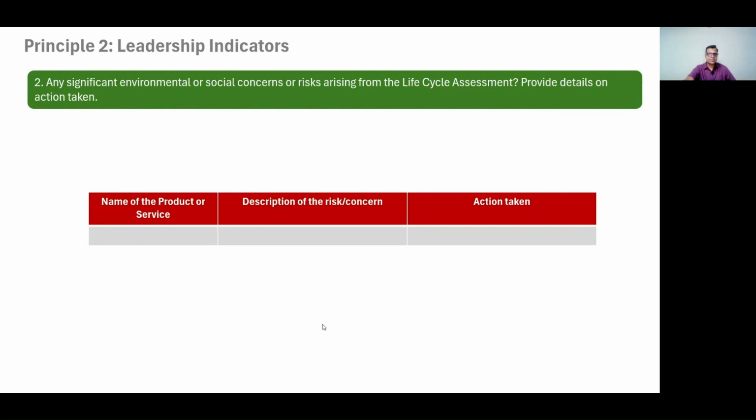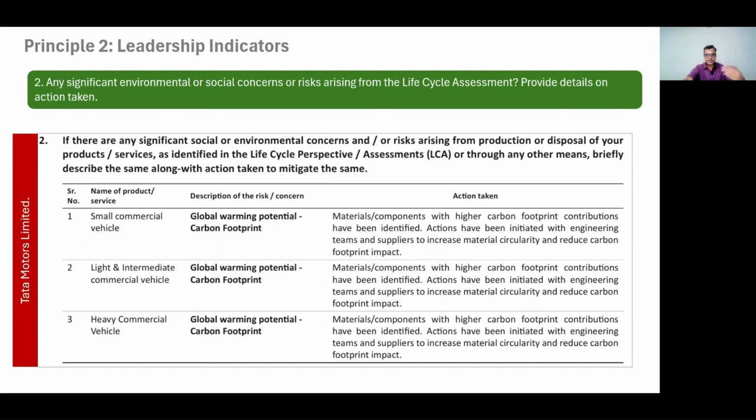So if the company has done a life cycle assessment, and if there is anything which is a risk, environmentally or socially, then that needs to be disclosed. Like we'll continue with the example of Tata Motors. In its life cycle assessment for all the three kinds of vehicles, the major risk or concern was global warming potential, which is carbon footprint, which is generated from the products.